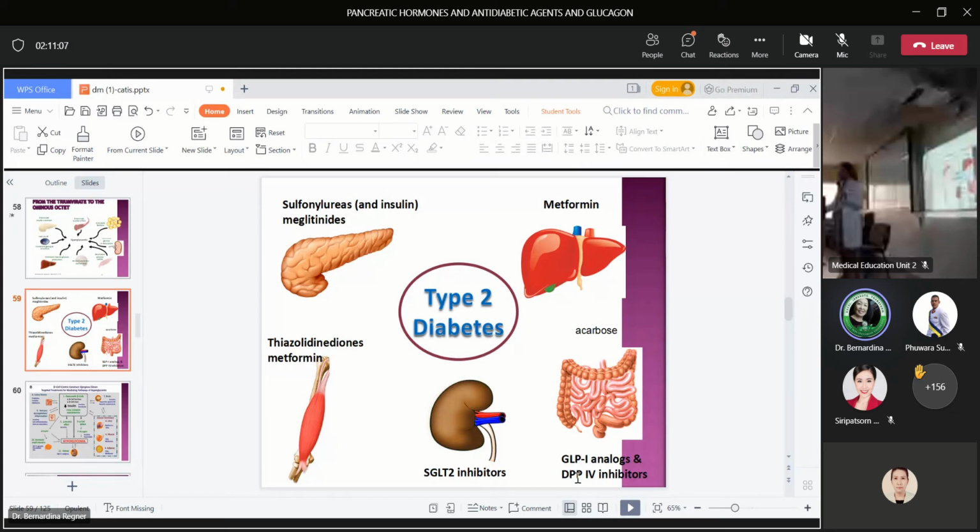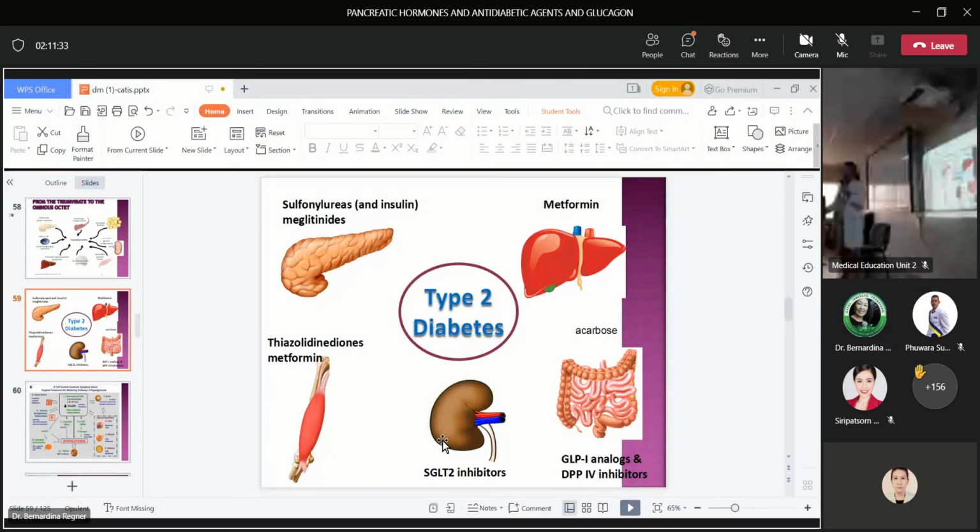So I have mentioned to you your hormones. In the gastrointestinal tract, you have your incretins, your GLP-1 analogs, and your DPP-4 inhibitors. Then in the kidneys, you have your SGLT2 inhibitors, or sodium glucose cotransporter type 2.